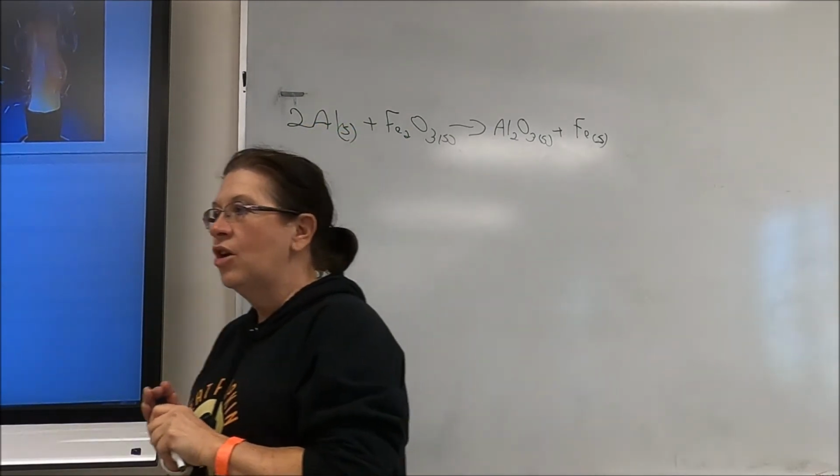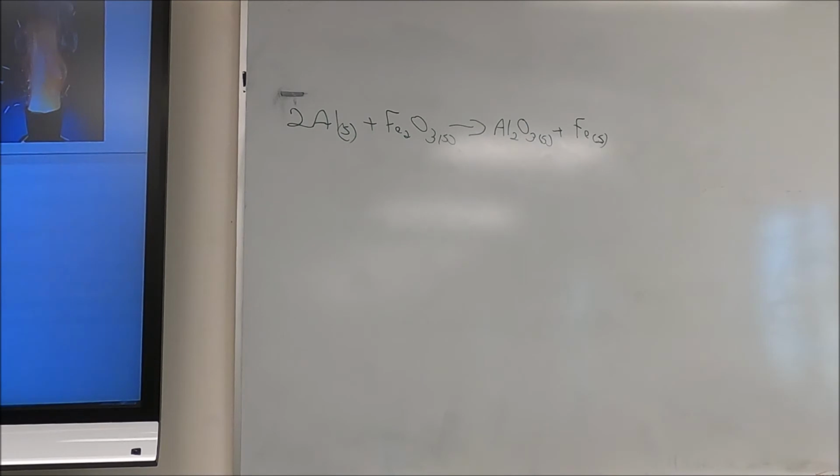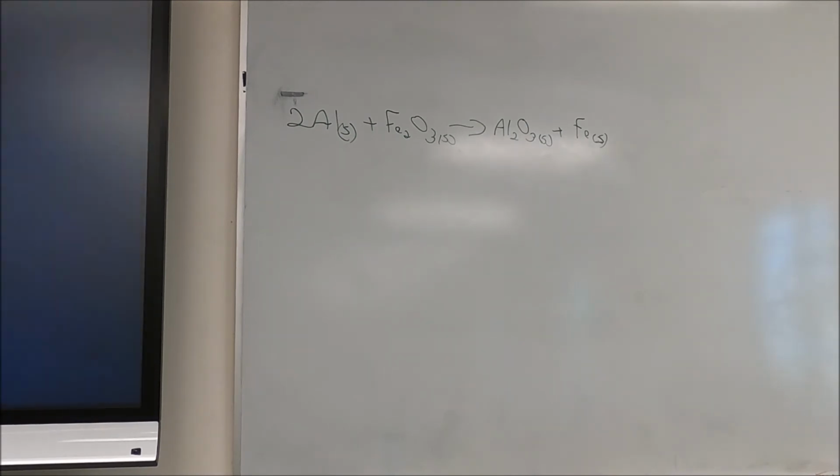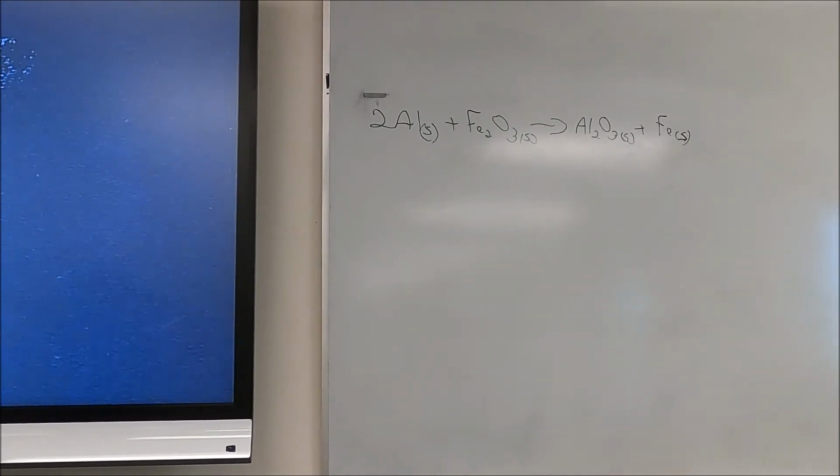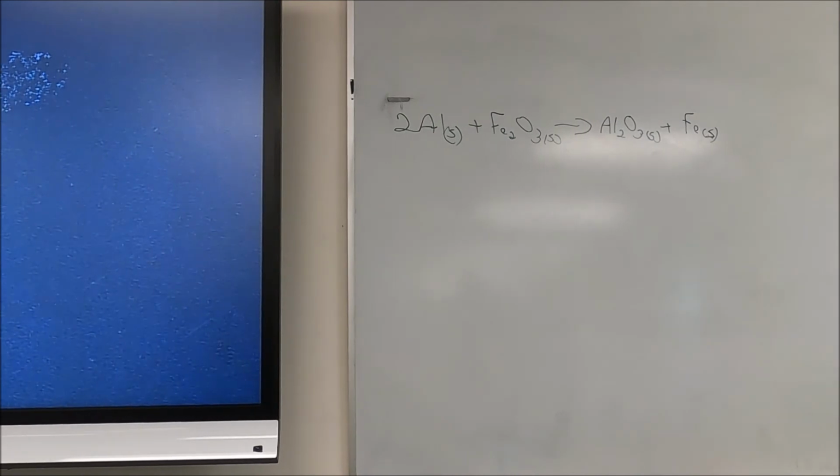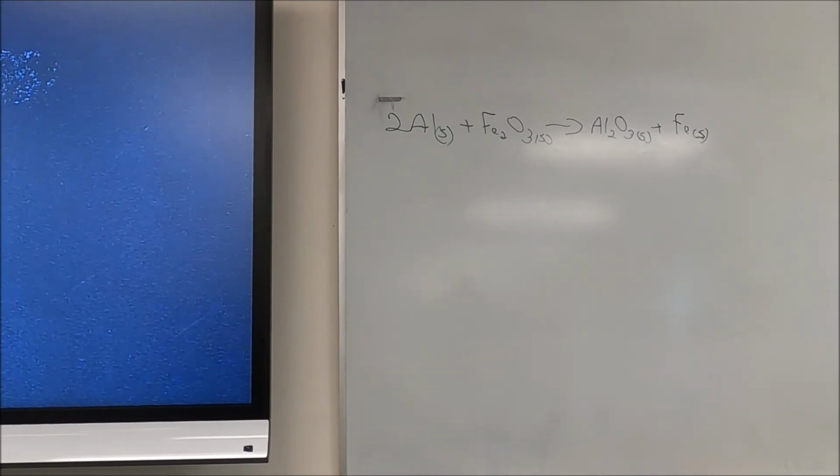Now, what we need to do is look up the delta H's for all of the different substances. Now, embedded in chapter 9 on page 394, you'll find a very small standard heat of formation table. So I'm going to write in the values.